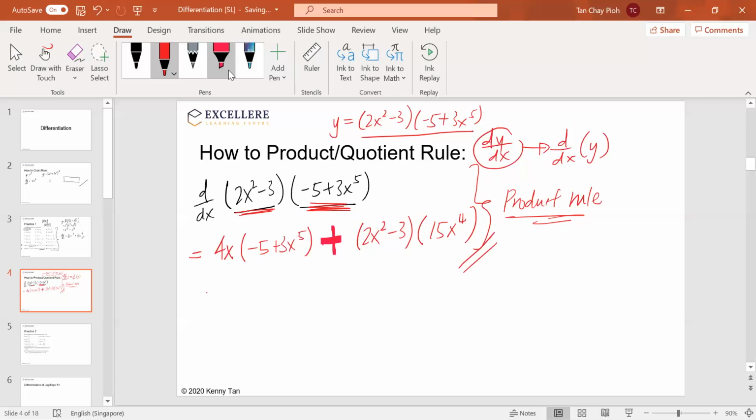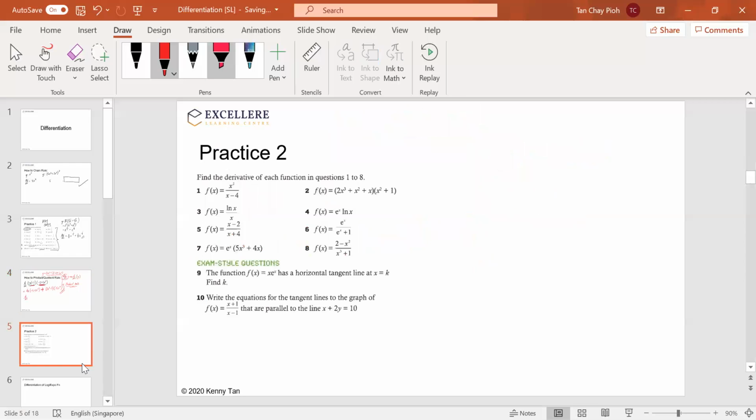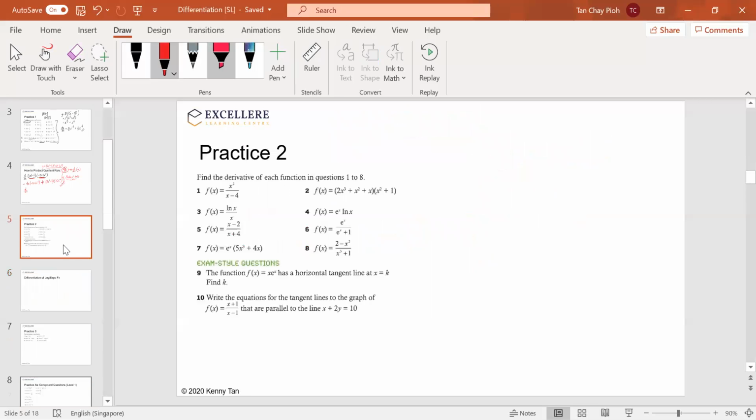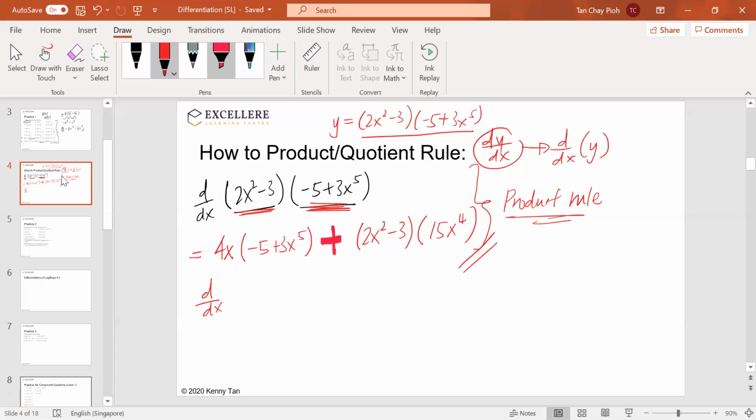Next, quotient rule. So let's say I'm going to d dx, for instance, let me take an example, 2x squared minus 3 over 1 minus 3x.